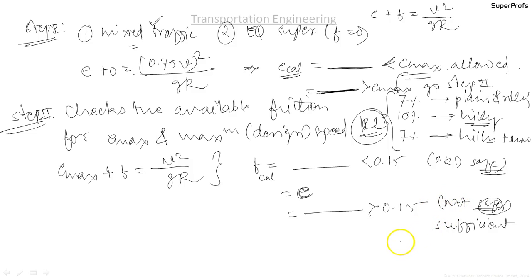So adjust friction to F equal to 0.15 and go to step 3.